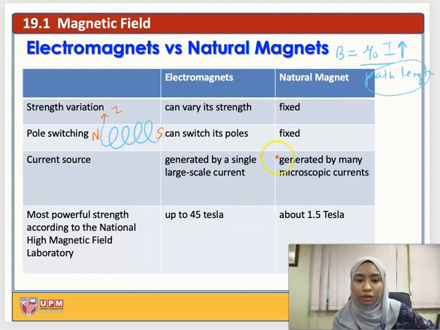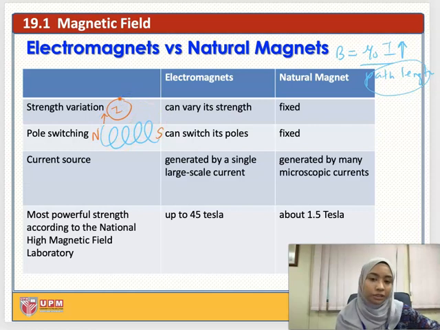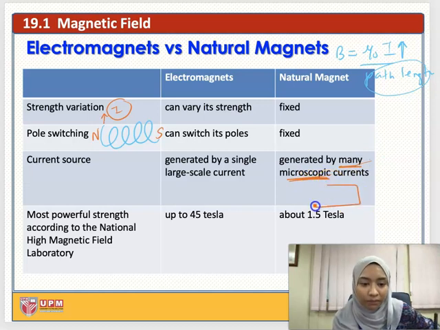And then the current source is generated by a single large scale current. Remember, if we have a coil, this is our large scale current. We supply that current to the coil, whereas natural magnet is generated by many microscopic currents. Remember, when we have a block of magnet, we are not supplying any currents to the magnet.